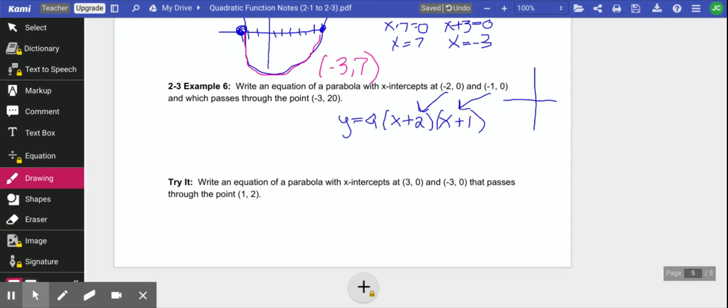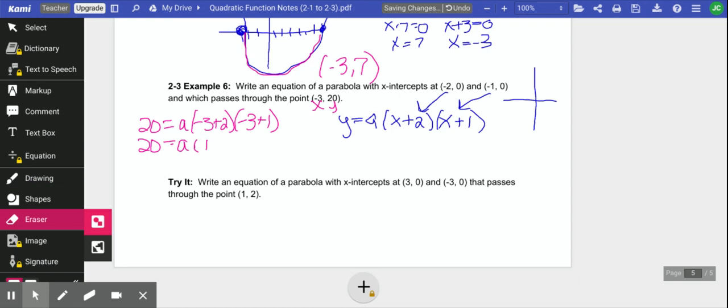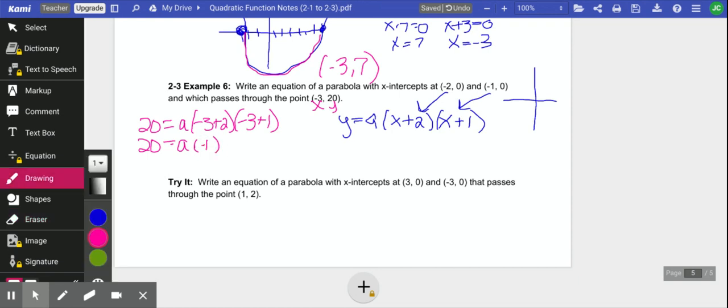So to figure out that a, we're going to do kind of like we did way back at the beginning. We're going to plug in this point x, y, and we're going to use that to solve for a. So we know that y is 20. We don't know what a is, but x is -3. So we have -3 plus 2 and -3 plus 1. So that gives us -1 and -2.